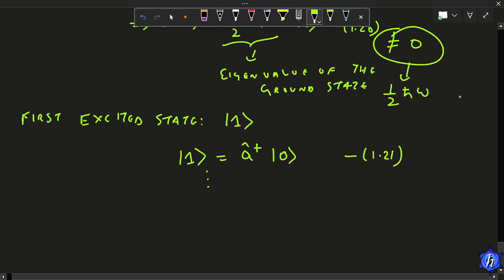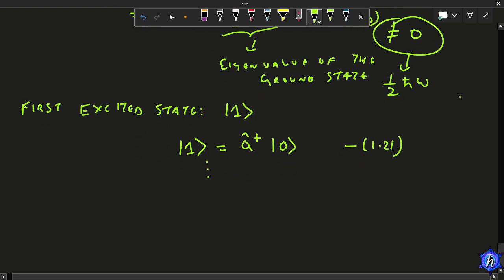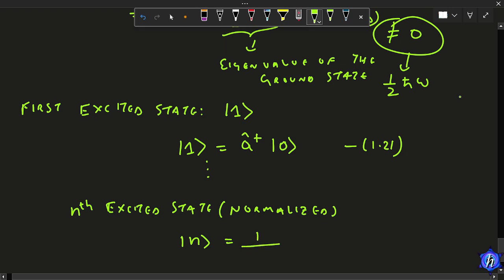Similarly, we can have the nth excited state. Again, to be very clear, provided it's normalized, we can define it as n in terms of the ground state 0.